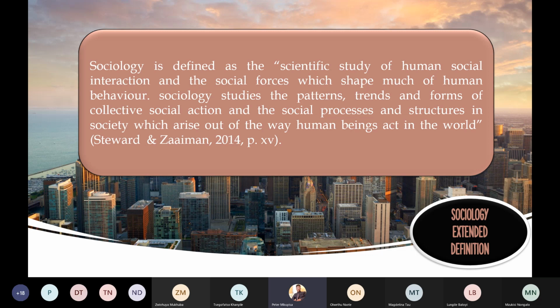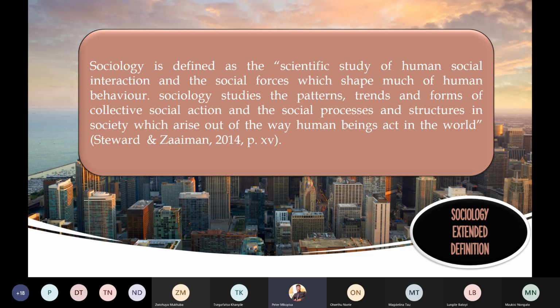And if you are asked to write an essay giving an extended definition of sociology, you need to break this short quotation down into pieces to extrapolate what it actually means. And the next part is sociology studies the patterns, trends, and forms of collective social action.